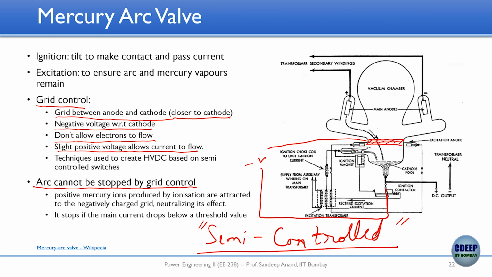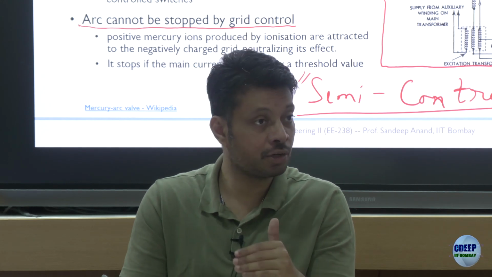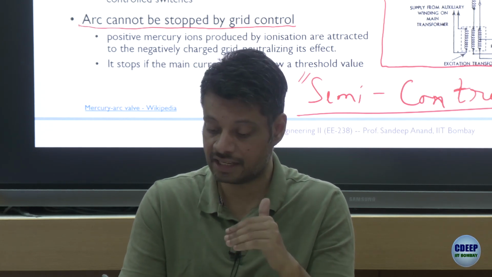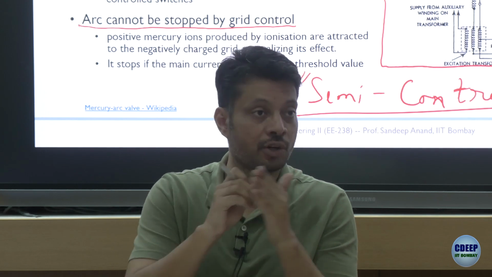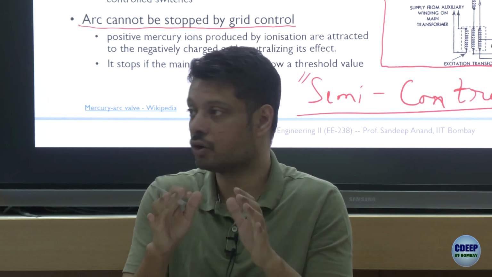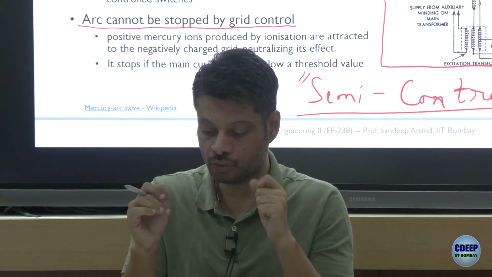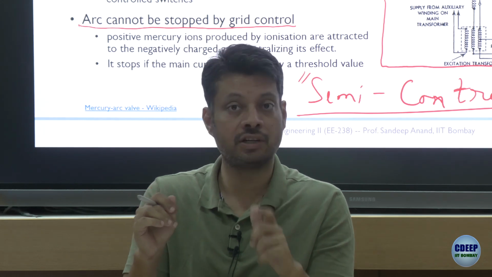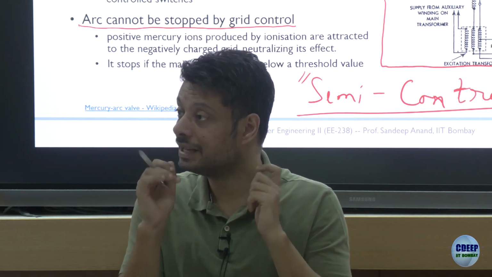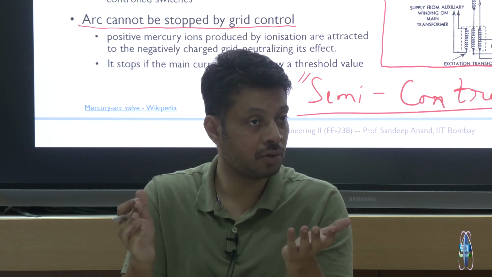To turn it on, if you have anode greater than cathode and if you don't have any control grid, it will turn on. If you had a control grid, you can maintain a negative potential so that the electrons will not flow through it, so it will remain off. As soon as you give a positive potential to the grid, it will turn on. Once it is turned on, it will behave as a diode.